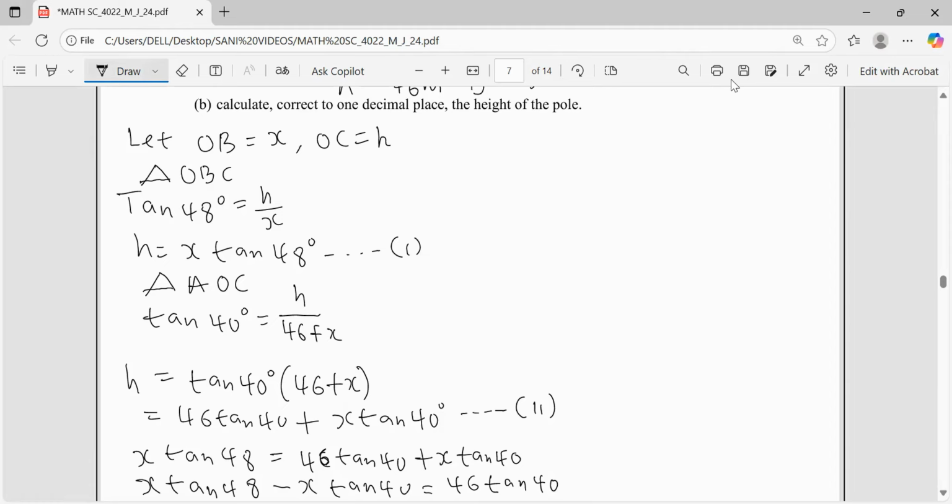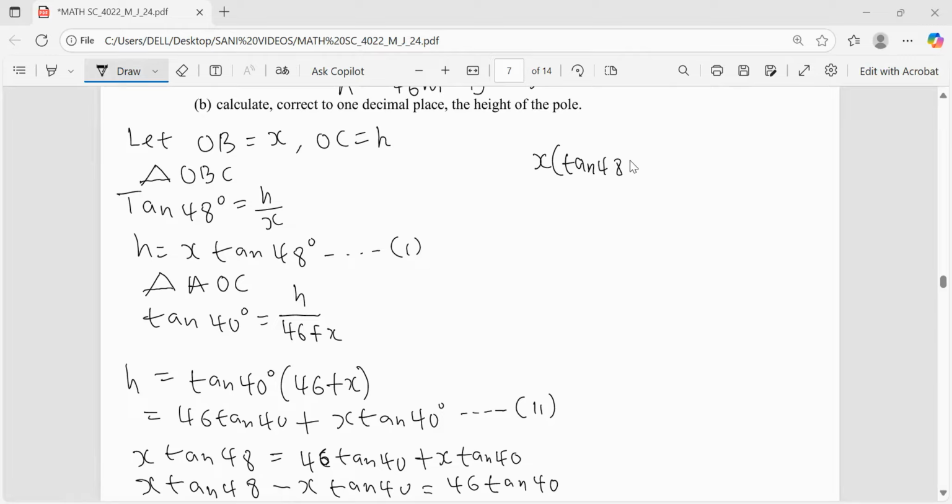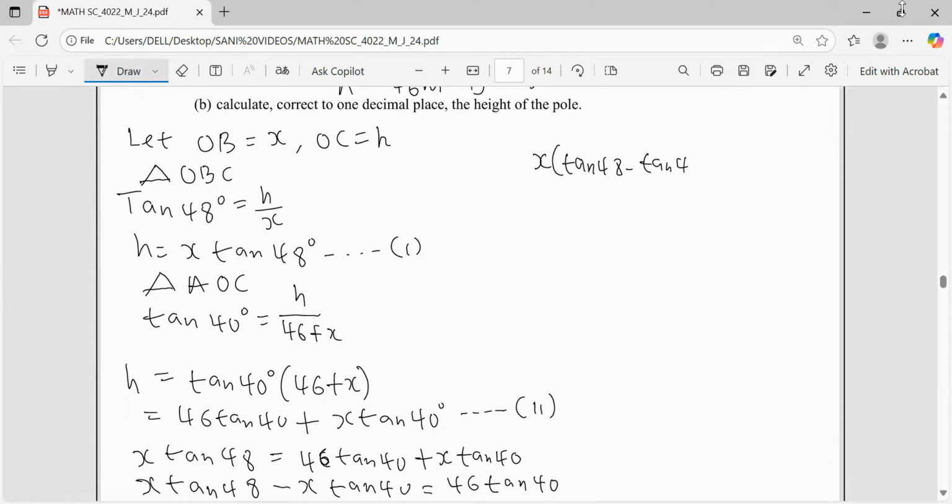So factorize out X. When you factorize out X, there you have X bracket tan 48 minus tan 40 equals 46 tan 40 degrees. So we can continue from here.